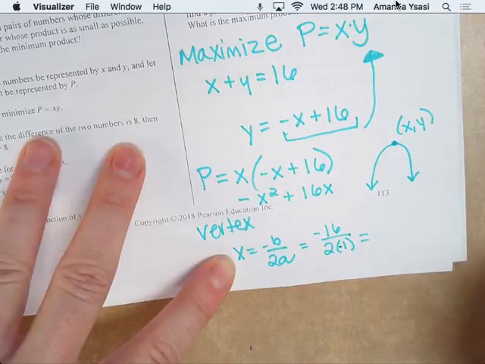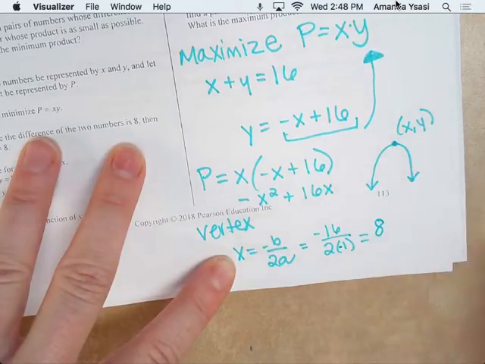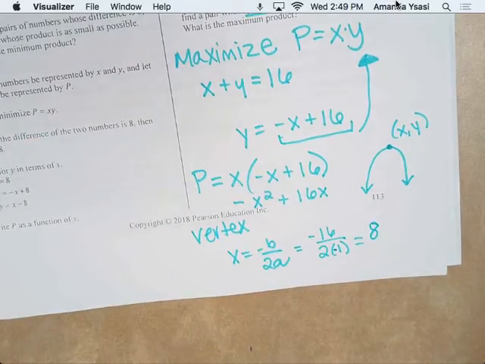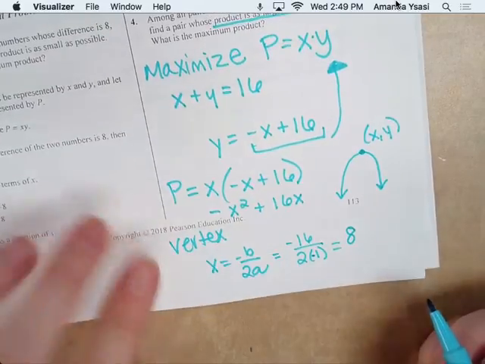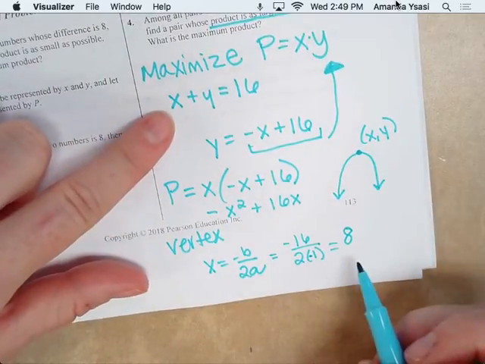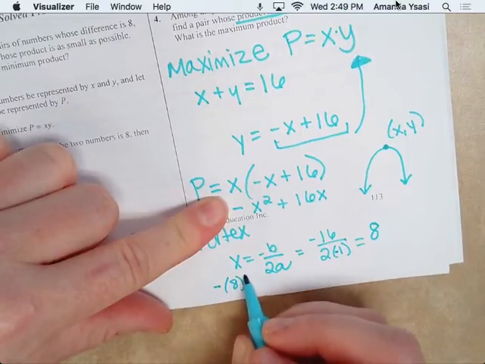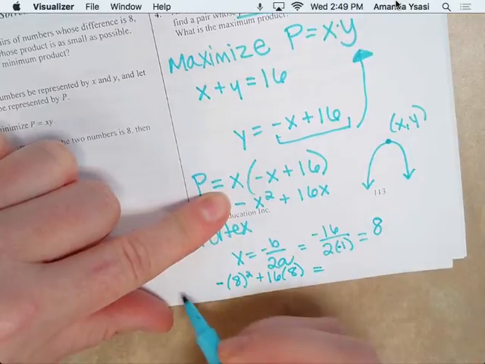So negative 16 divided by a negative 2. Positive 8. And then we plug that in. So negative parentheses 8 squared plus 16 times 8 to figure out the y value.